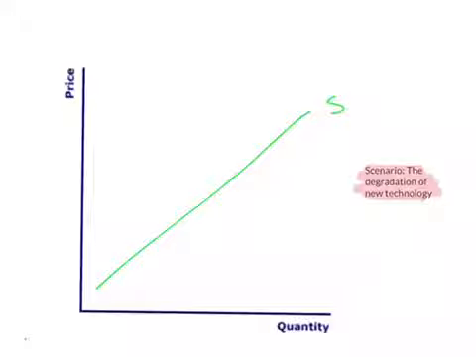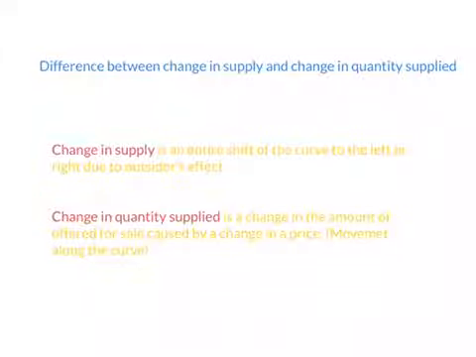So the supply curve will shift to the left, which means supply is decreased.